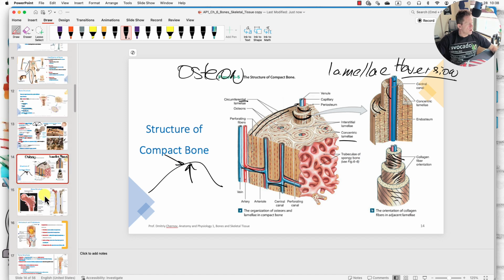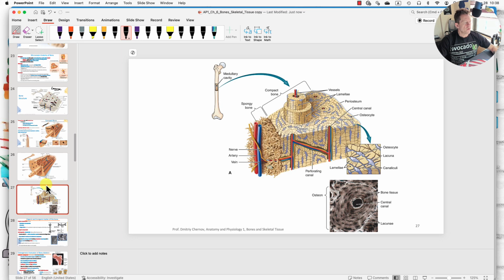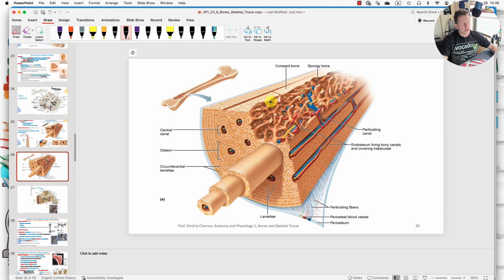So let's look at this image now. This is by far, there's another image, right? Again, this blue represents periosteal membrane, and just because you see blood vessels and the nervous tissues within the bone, the periosteal membrane is also highly innervated and vasculated.